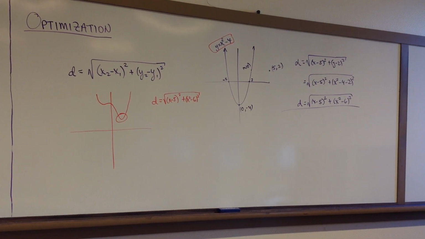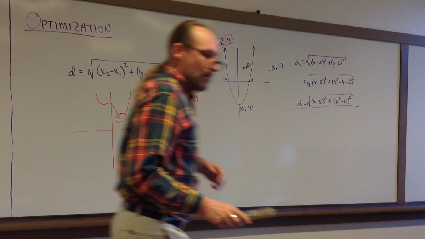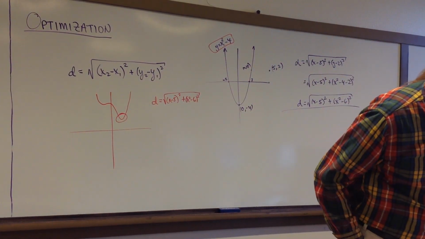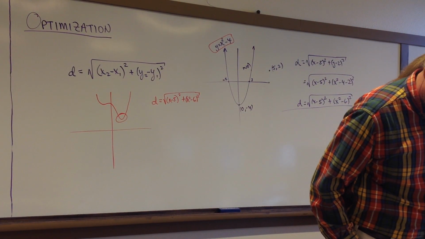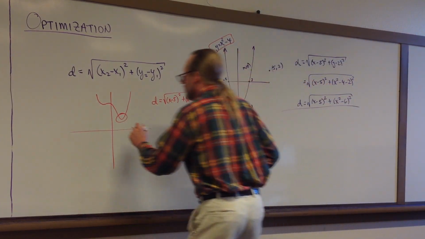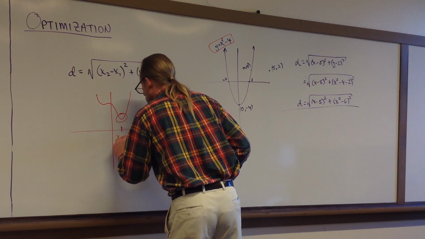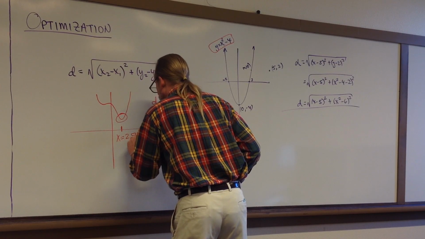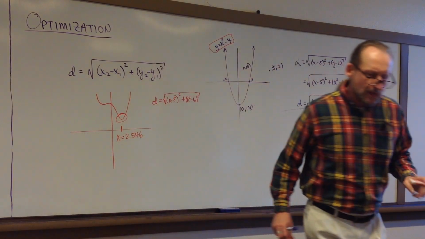All right, so let's see here. 2.546, because it was 5459. So x equals 2.546.